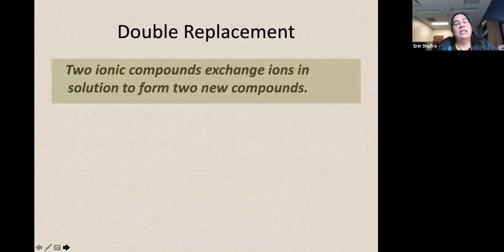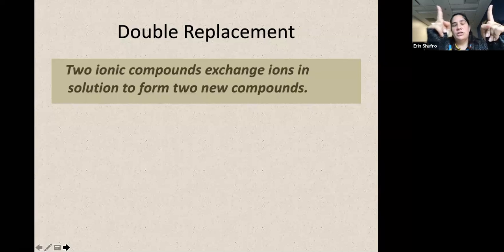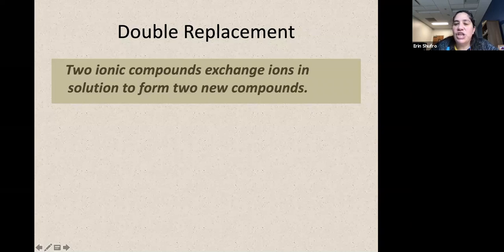Double replacement reaction is just like it sounds. Instead of one thing coming along and kicking out the other thing, we now have 2 things swapping spots. Okay, so 2 elements switch spots in their molecules. These are ionic compounds, right? So 2 ionic compounds exchange ions in solution to form 2 new compounds. Okay.